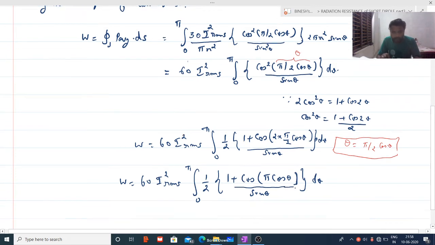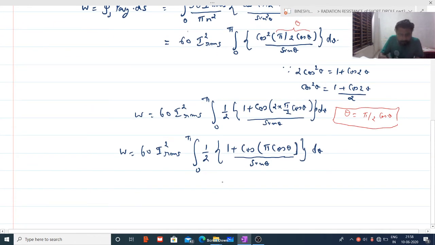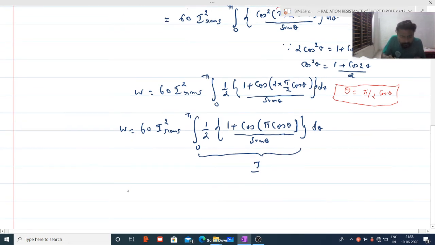Here the 2 and 2 get cancelled. So this whole term I will consider as I. So W is nothing but 60 I square RMS into I.